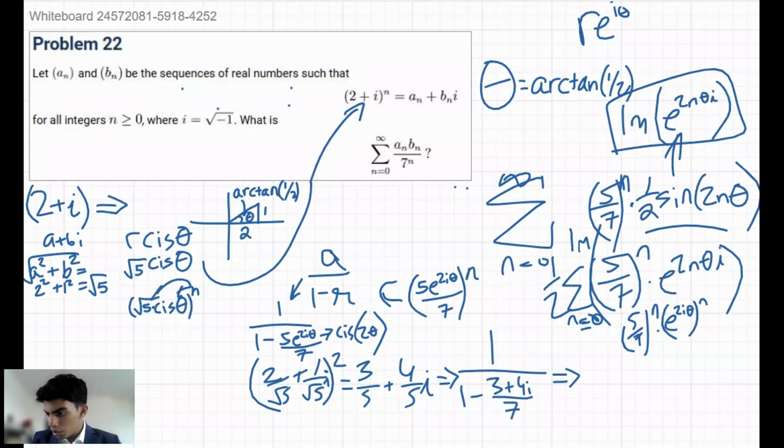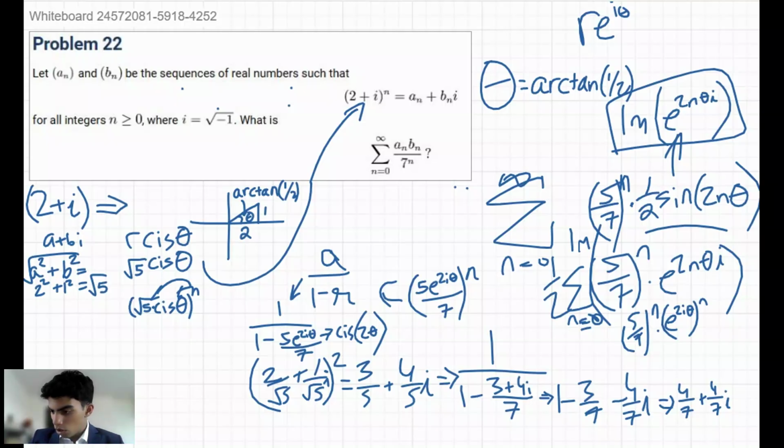So let's look at the denominator first. So the denominator would just be 1 minus 3/7 minus 4/7 i, and that is 4/7 plus 4/7 i.